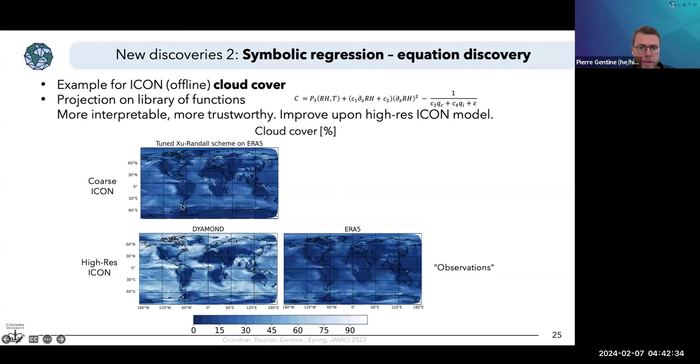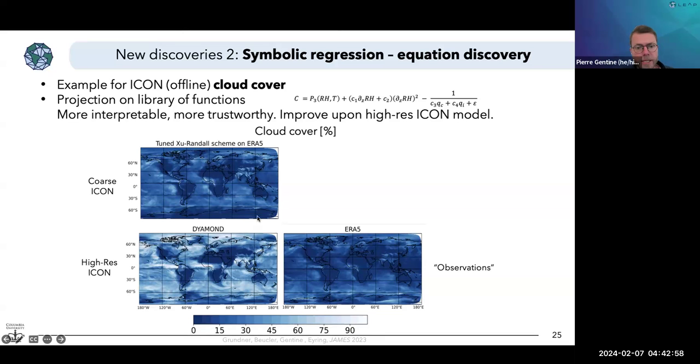This is the standard parameterization in a climate model called ICON. Here is a high resolution simulation from DYAMOND, the storm resolving simulation I showed you earlier. And this is, you could say, the observations, the reanalysis product. What we'd like is to match that observation component.